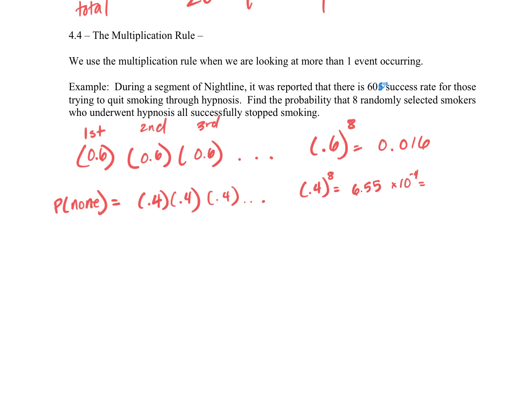Do you want us to keep it in scientific notation? I don't think I care. I can't promise that on the online homework, if they say to 4 decimal places, they're going to want you to write it as a decimal.